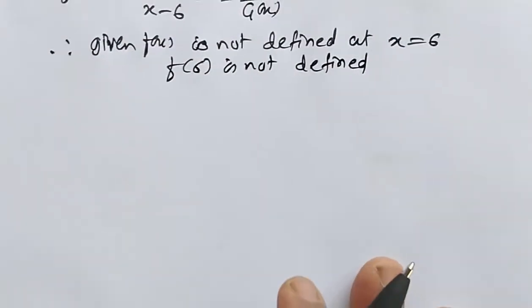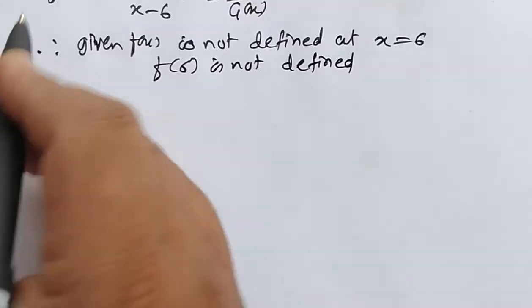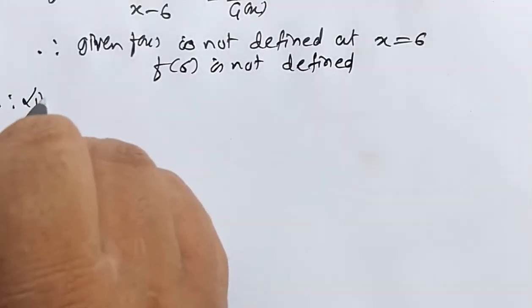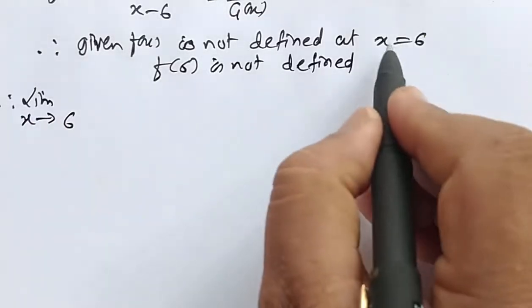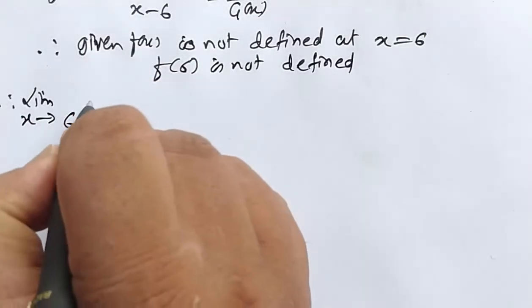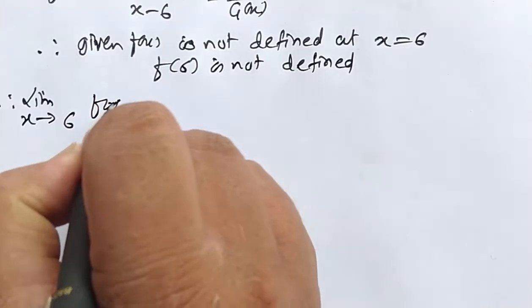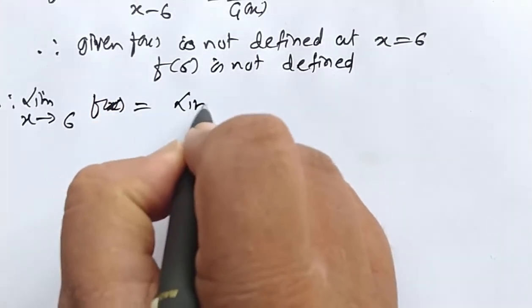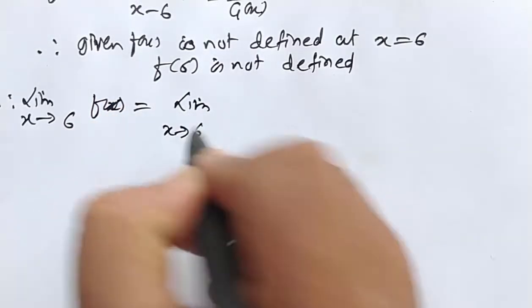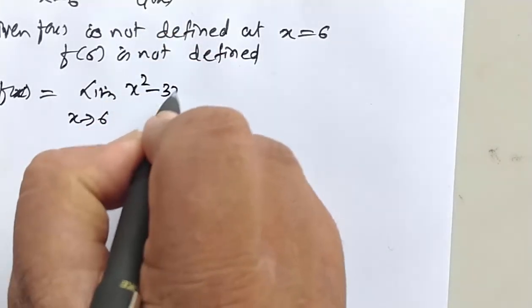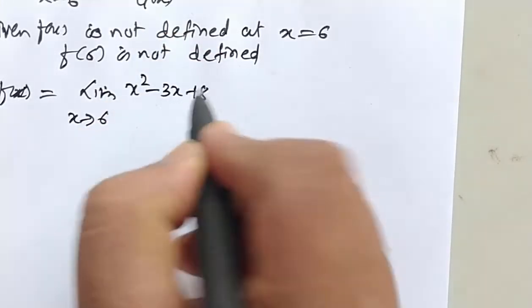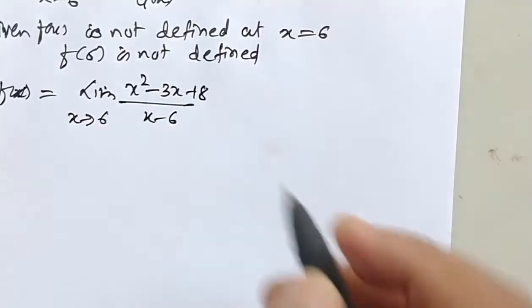Now we shall see whether its limit exists or not. Therefore, at the point x is equal to 6, limit x tends to 6 of f of x is equal to limit x tends to 6 of x square minus 3x minus 18 upon x minus 6.